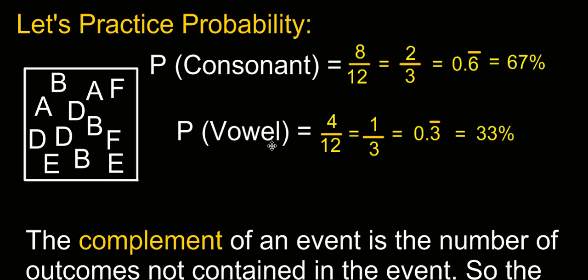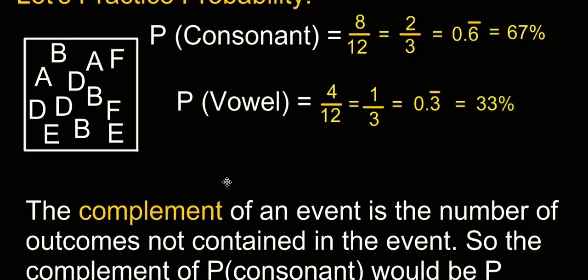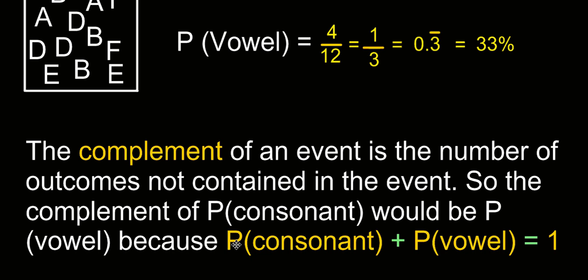Now, going back to what we had said on the last one, the probability of a consonant plus the probability of a vowel, which is the complement, should equal 1.